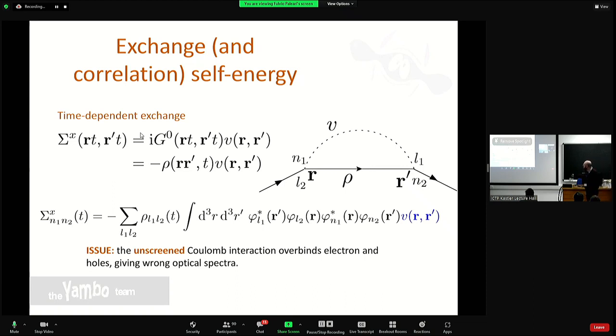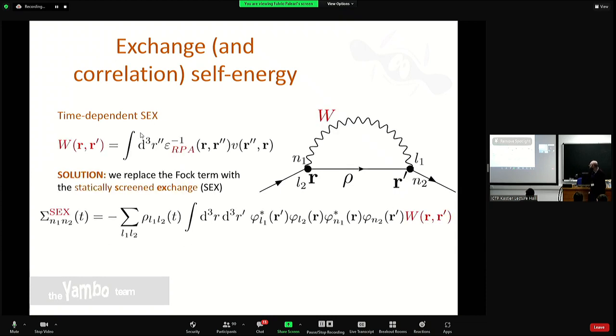Now we have a problem because this bare Coulomb interaction is bare, it's not screened, and therefore it will give wrong excitons. So we have to actually replace this with a screened version of the interaction, so to avoid the overbinding of the excitons, and also to be consistent with what we learned yesterday, the GW case.